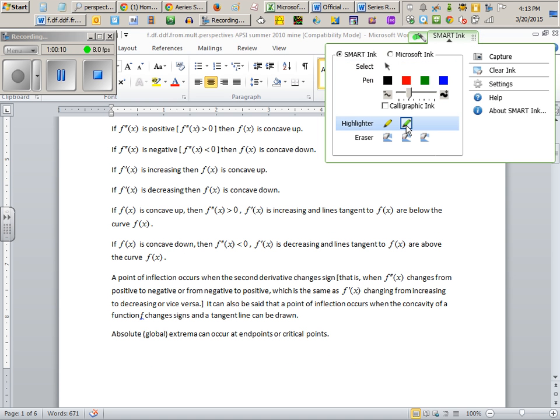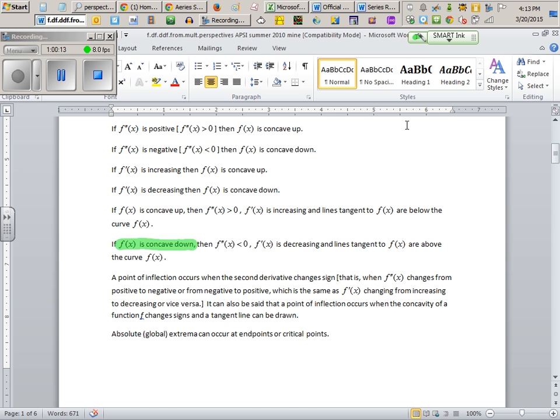Here we go, right here. If f is concave down, f prime is decreasing. Same phrase. It means the same thing. For f to be concave down is for f prime to be decreasing. For g to be concave down, it means g prime is decreasing.